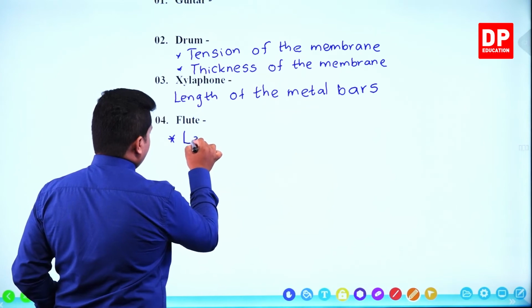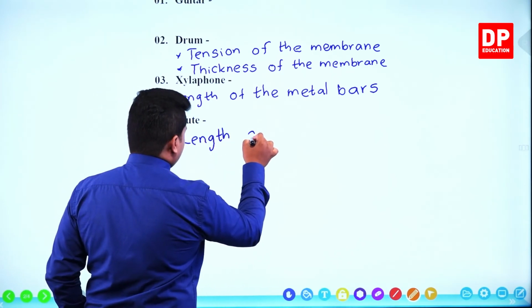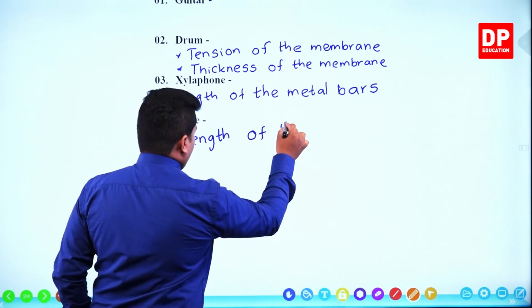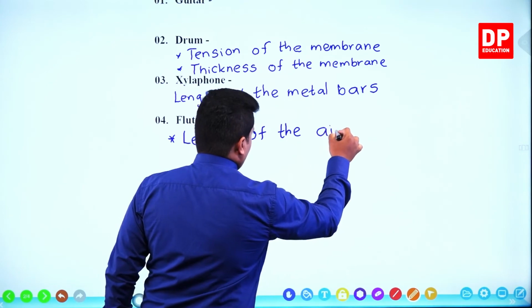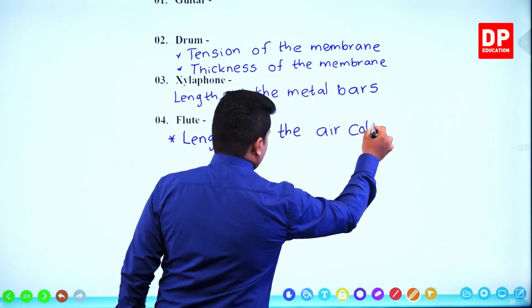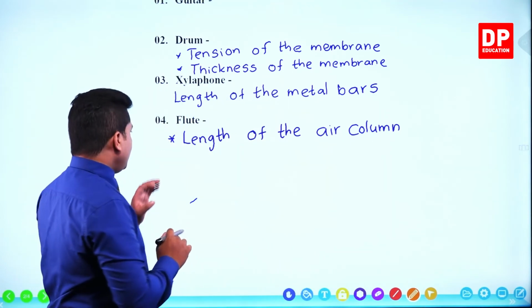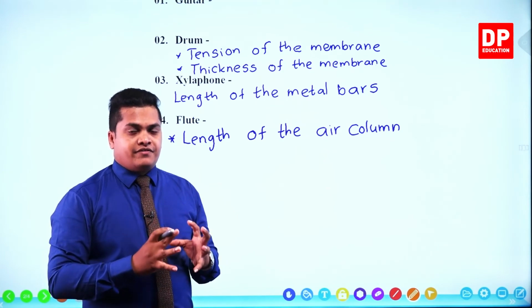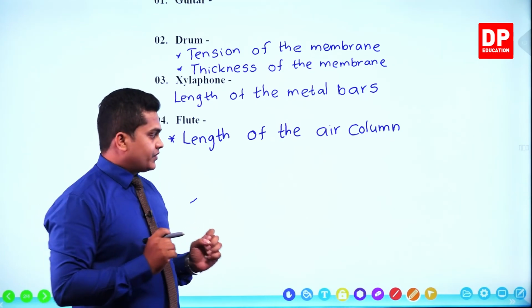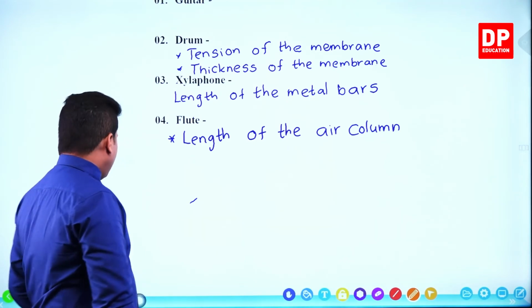So, length of the air column is the factor that affects the frequency. Okay. Right. Now let's move on with the next question.